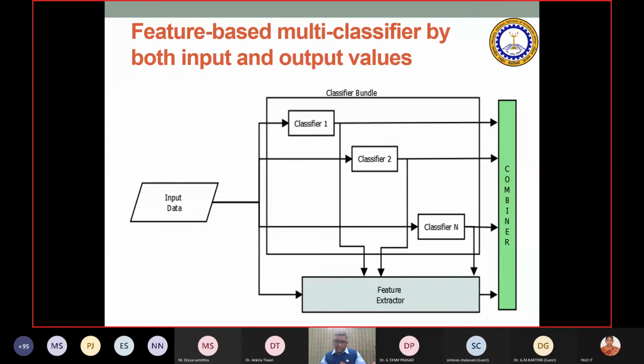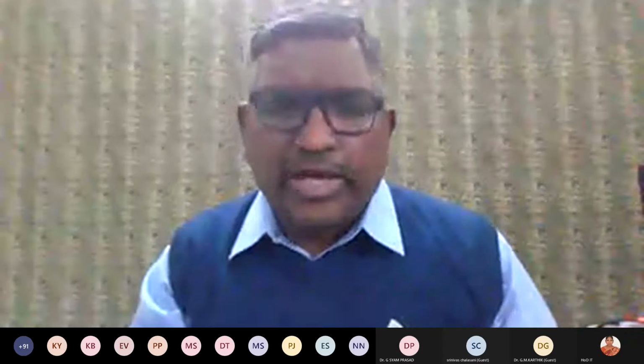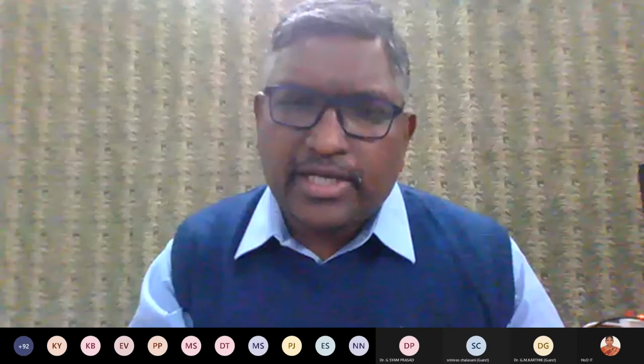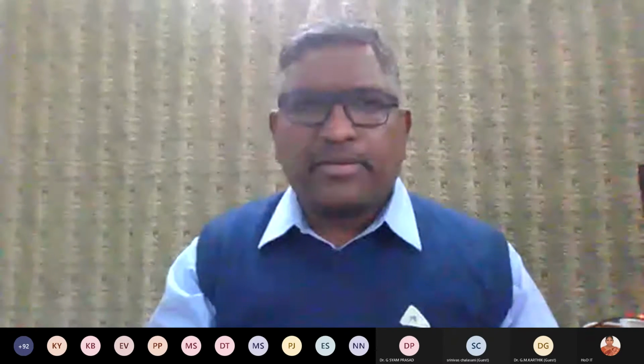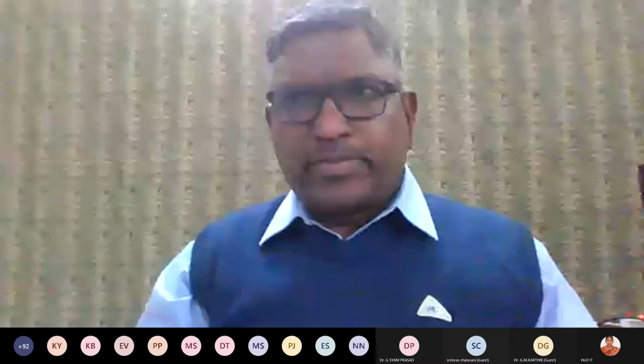So you are combining all of them, and you are trying to create your own feature extraction algorithm and different algorithms that are there. So classifier 1, classifier 2, they all can be combined together, and you can get one particular thing. So these are different research challenges which some of the students have worked on at MNIT Jaipur. Of course, some time has passed since they did all these aspects.